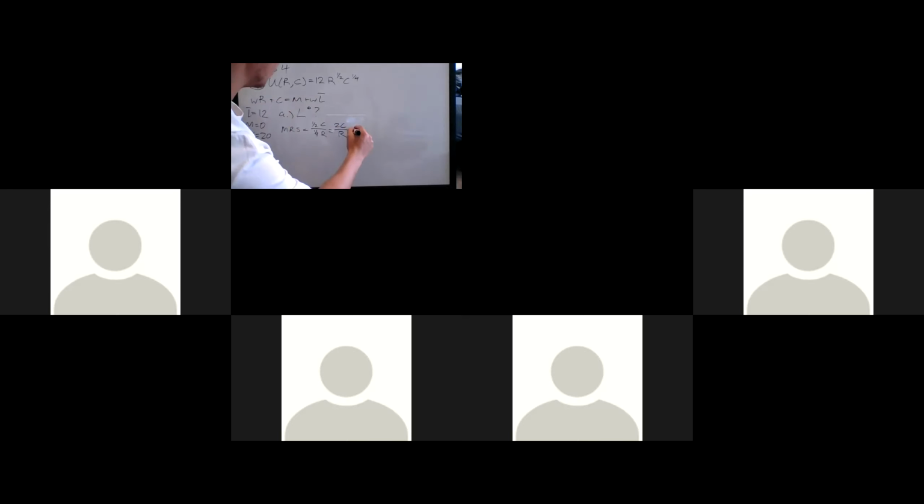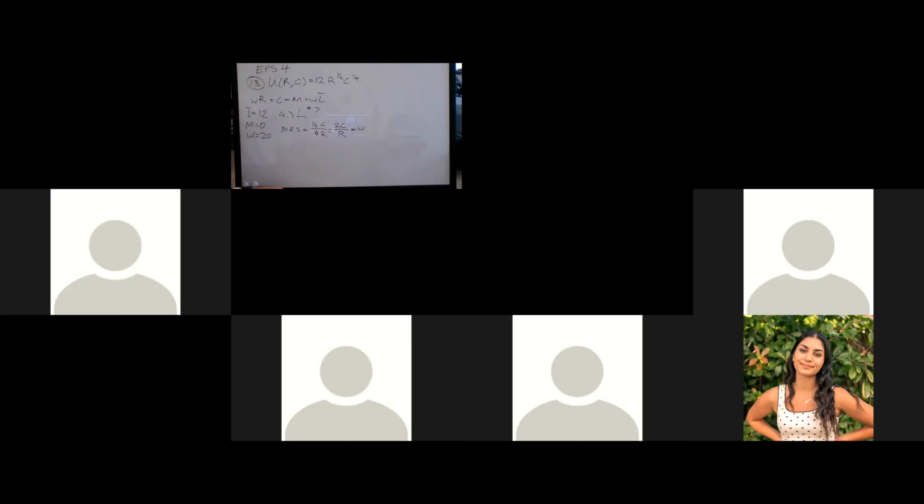So I'm going to set it equal to W, and I might as well set it equal to what it really is. So this is equal to 20. And so we get 2C is equal to 20R, which implies that C is equal to 10R.